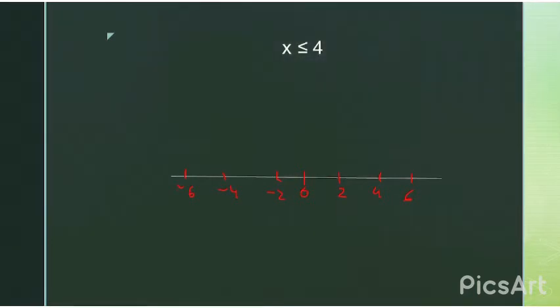The value is x less than or equal to 4. Again it should go lesser than 4, but in this case we shade the circle because it has a dash and it's a less than or equal to sign. So it will be like this, and then we also mark the direction. This is the answer.